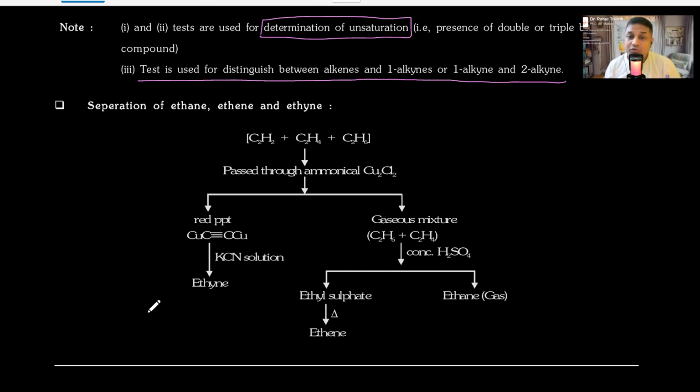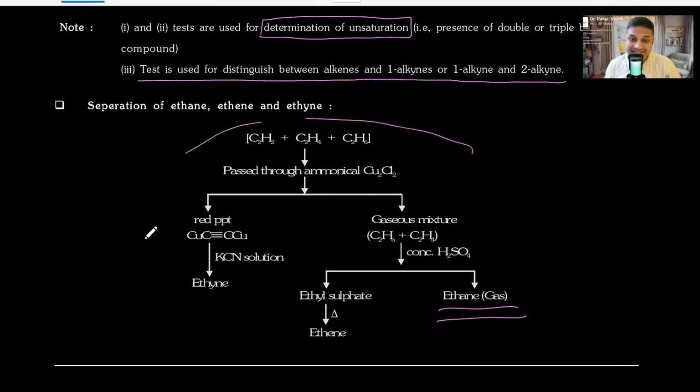Nice and easy. You still have a mixture of ethane and ethene. Expose it to concentrated sulfuric acid, ethyl sulfate will form. Heat it, ethene gas will come out. Nobody can react with ethane other than free radicals, so ethane remains as it is. That's how they are separated.